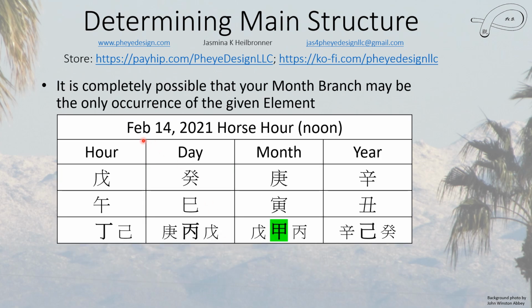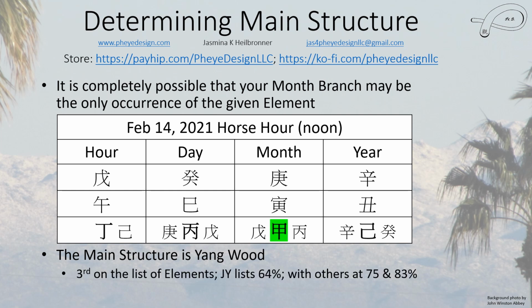So here's an example of a date where your month branch is the only occurrence of a given element. You can actually look this up on a couple different sites. The only yang wood we have in the entire chart is in the month. It's nowhere else. And the main structure or main profile here is considered yang wood.